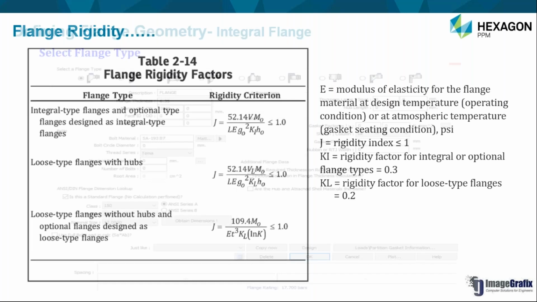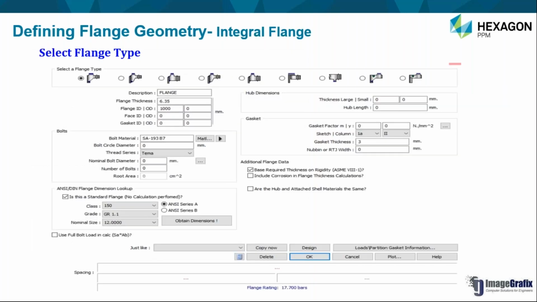Now we are going to see how to optimize the flange design. Okay. As we all know, flange design is an iterative method where we first have to assume the parameters, according to which we calculate the stresses and then the rigidity index.